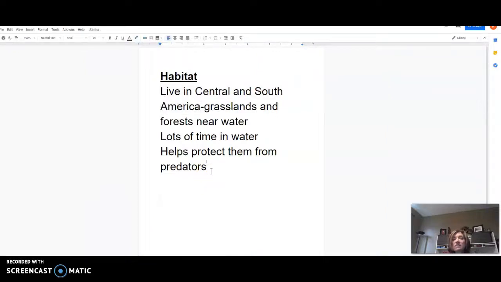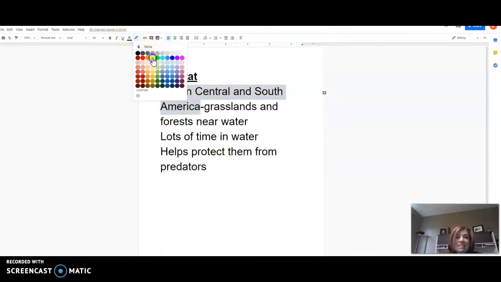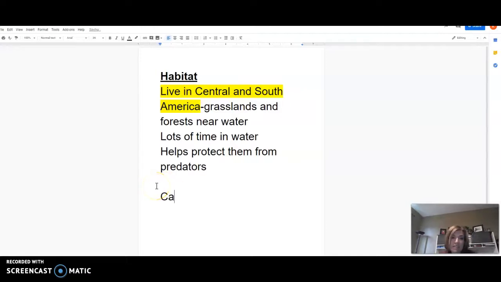So instead of starting my sentence with live, I'm going to start my sentence with the who or what, which is capybaras. So I'm going to come down here, and now I'm going to type. Capybaras live in Central and South America. And that is one fact.